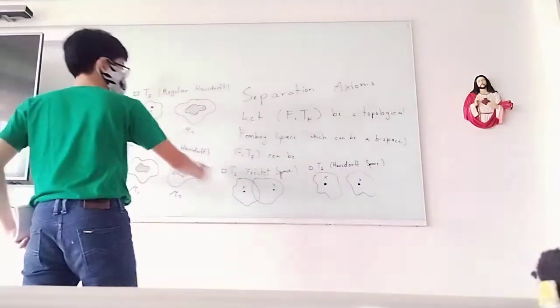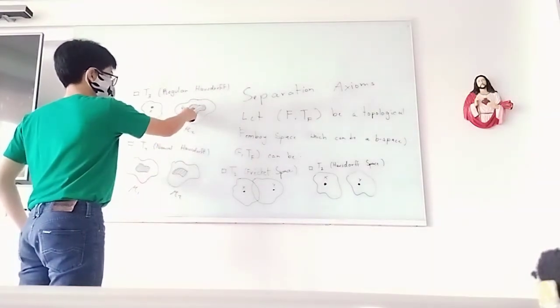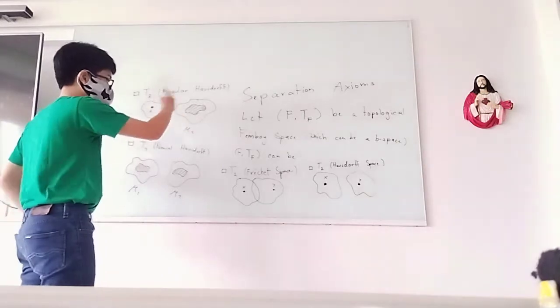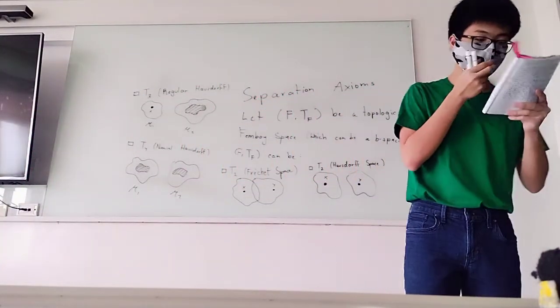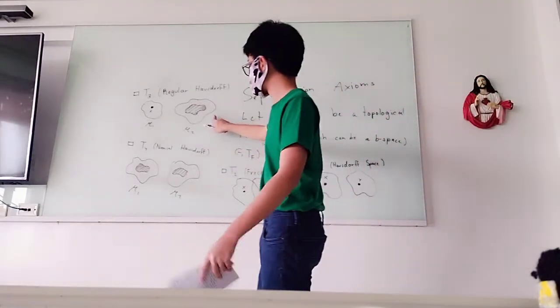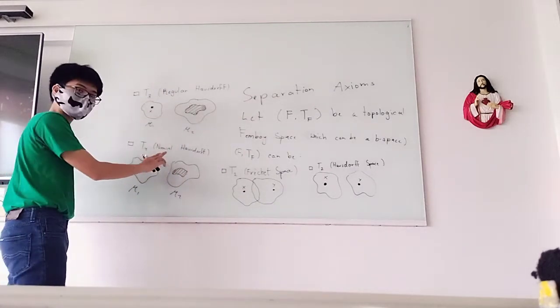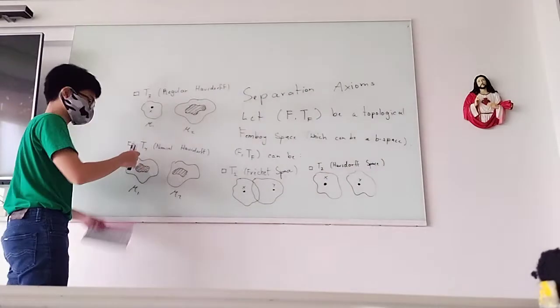This would be a point, or there's a point here, and then this closed subset is the neighborhood of that point. I'm referring to the closed subsets.